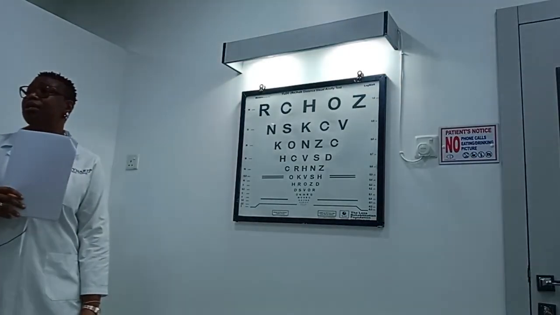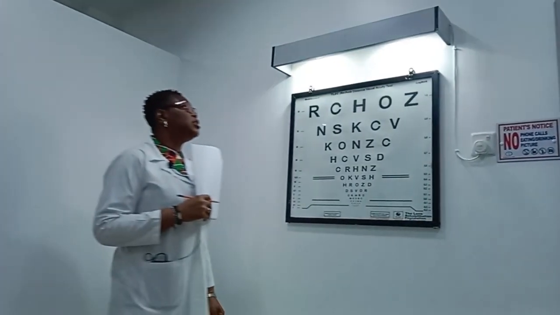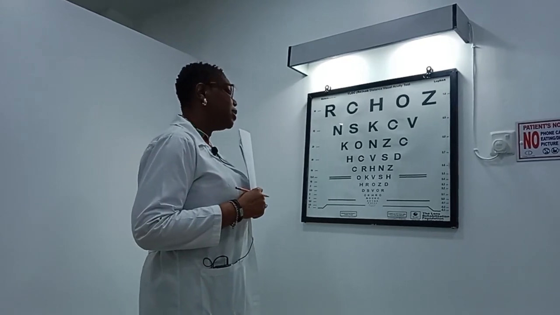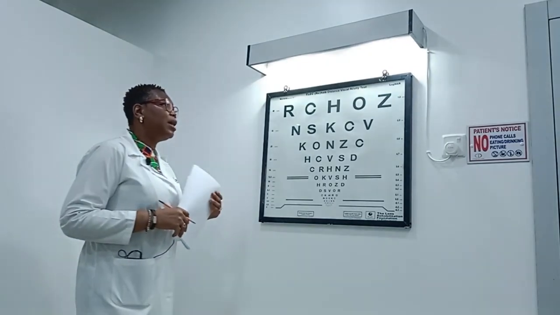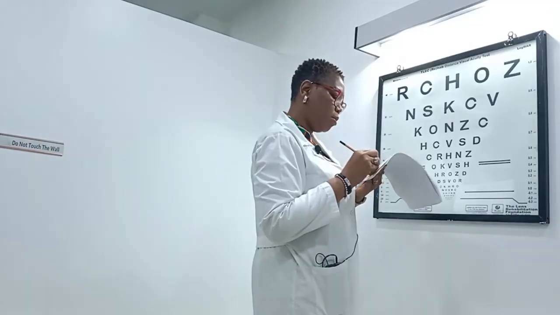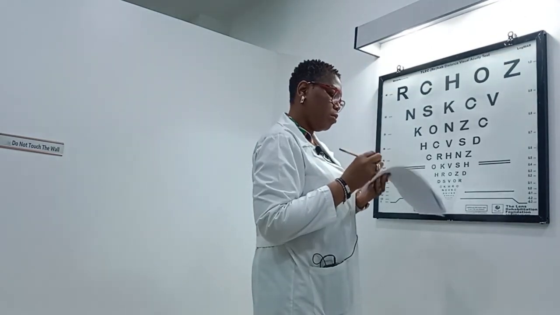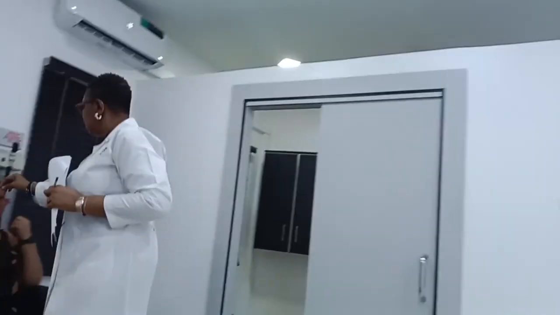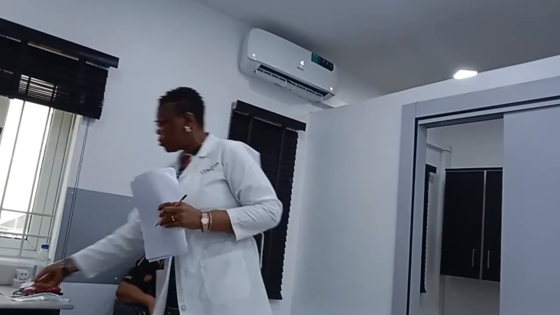We're going to take the distant visual acuity using the ETDRS logMAR charts. So we're going to take the right eye, the left eye, and then both eyes. Okay, so we've closed the right eye. So we're going to do with the two eyes now. Okay.